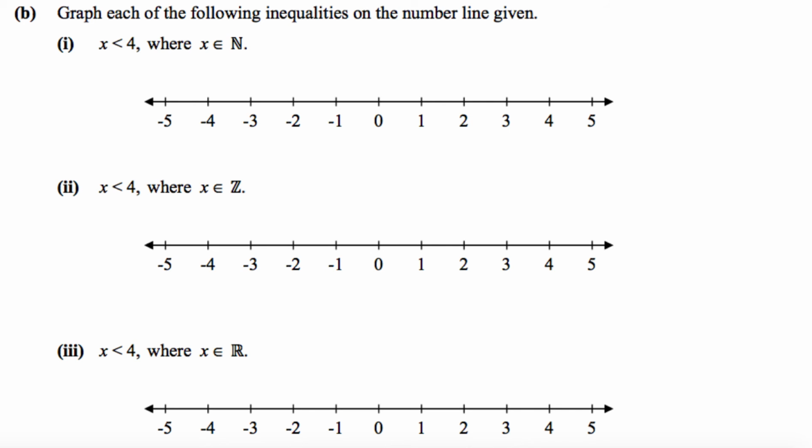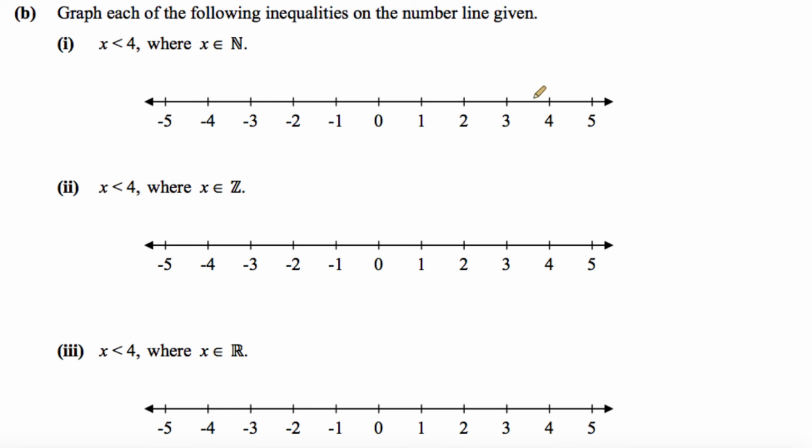Okay, part B says graph each of the following inequalities on the number line given. So the first one says x is less than 4 where x is an element of the natural set of numbers.